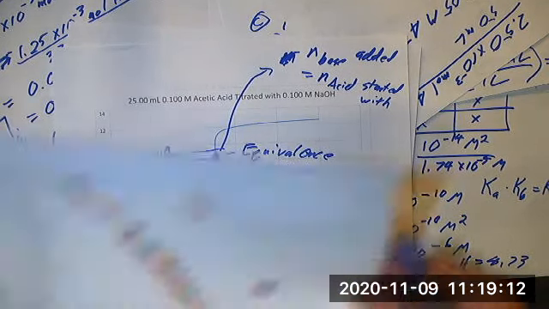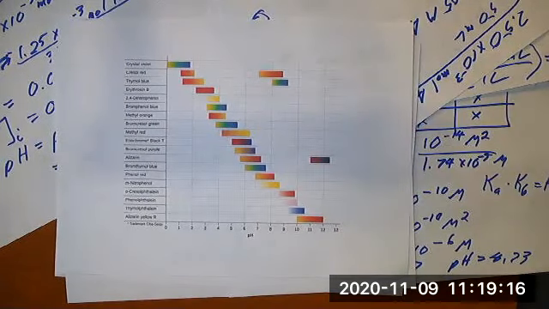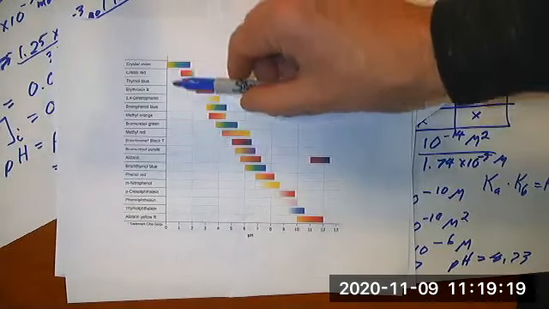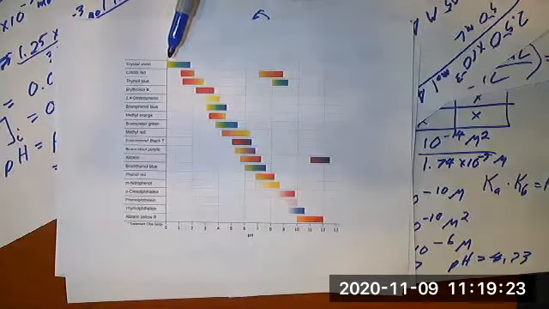So in the online textbook, there is this figure that shows a variety of different indicators which transition from one color to another color over different pH ranges.